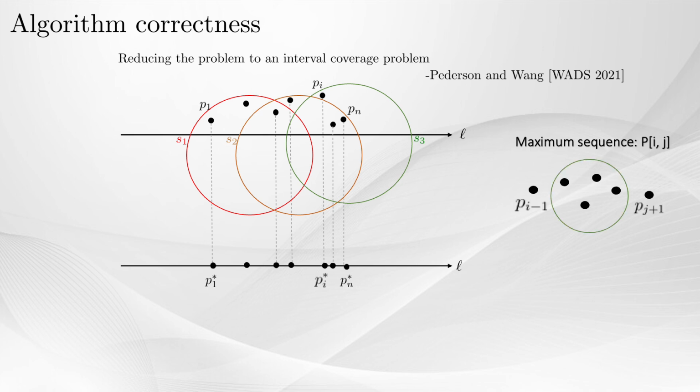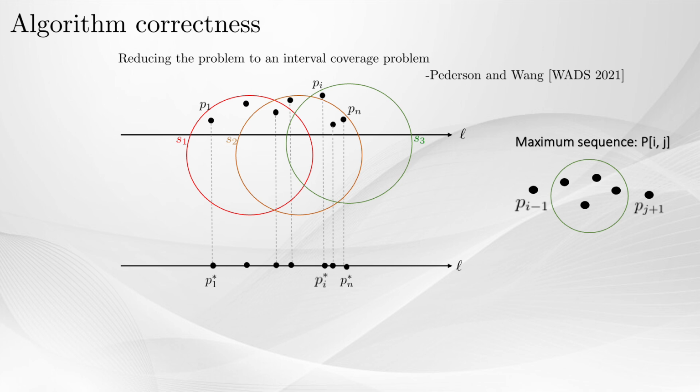Also, they define a maximal sequence Pi to Pj. For example, if a disk Si covers all points from Pi to Pj but doesn't cover Pi minus 1 or Pj plus 1, then we say Pi to Pj is a maximal sequence in the disk Si.